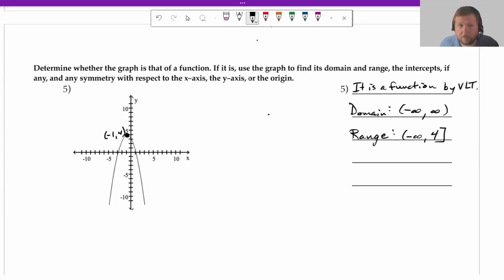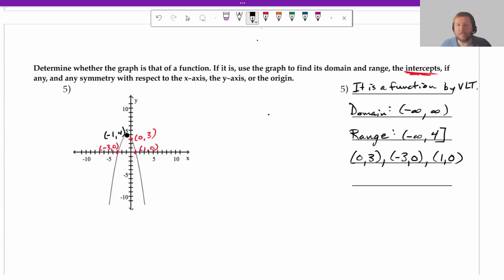Let's see, intercepts. So let me mark those in a different color. I have an intercept at 0, 3, and I have another intercept at 1, 0, and there's another one at -3, 0. And if it just says intercepts, you're just tossing them all in as ordered pairs, the y-intercept and the x-intercepts.